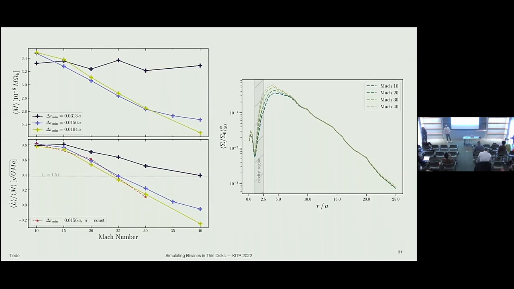But the second is that alpha breaks down badly wherever there's a gradient, and in particular at the inner edge of circumbinary disks. So in fact, it's not constant at all in that region, and tends to be, if anything, larger than typical at that edge.